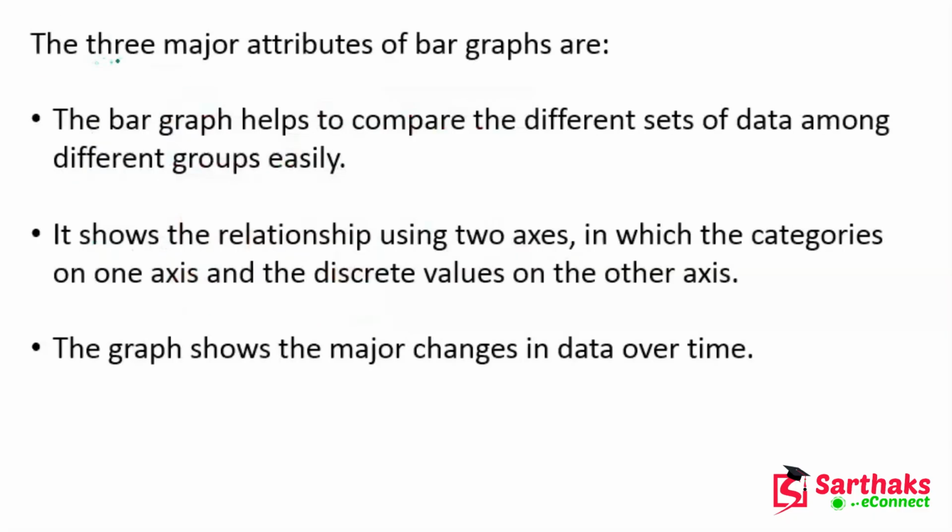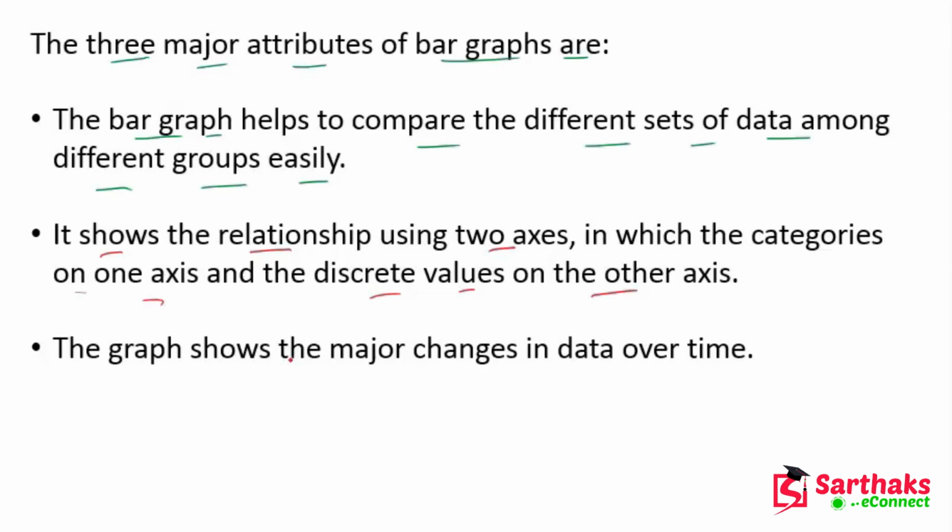Now, the three major attributes of the bar graph are as follows. First, the bar graph helps to compare different sets of data among different groups very easily. Second, it shows the relationship between the two axes, with the categories on one axis and the discrete values on the other.